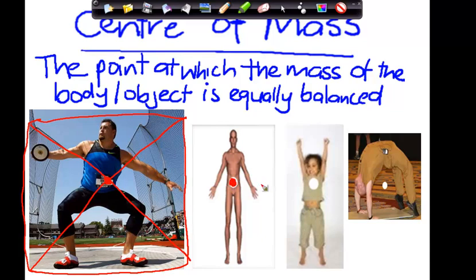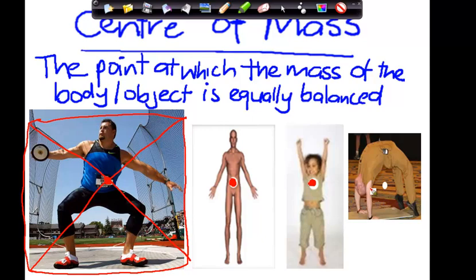If I was to raise my arms up, my centre of mass would move slightly higher up my body. In this child here, her centre of mass has gone slightly higher. So if you raise things up above you, your centre of mass will rise.